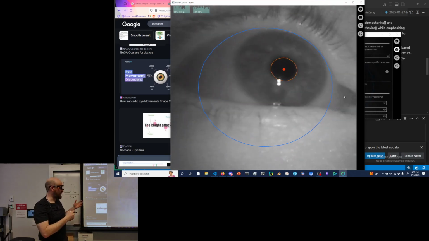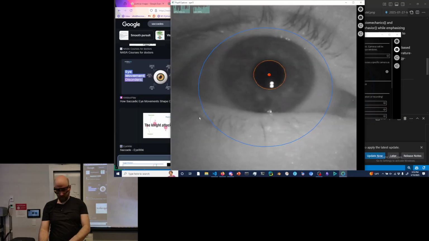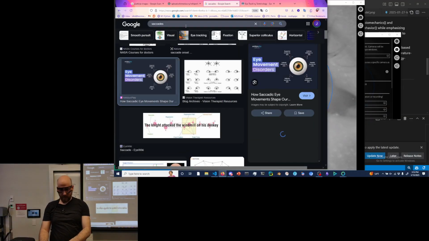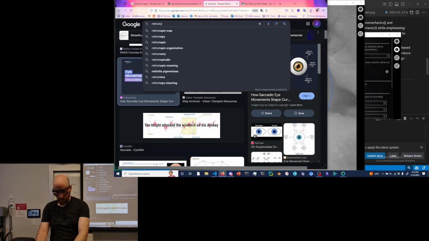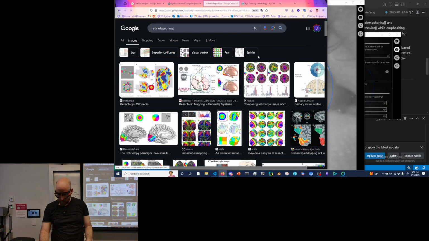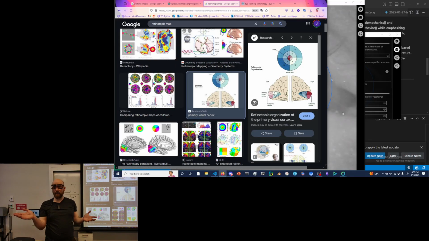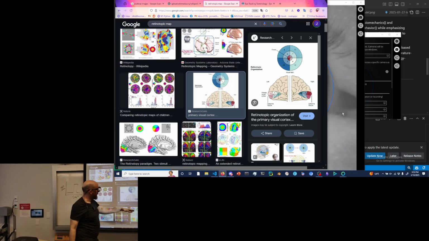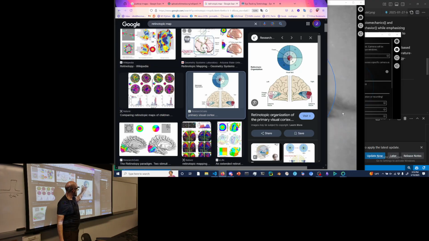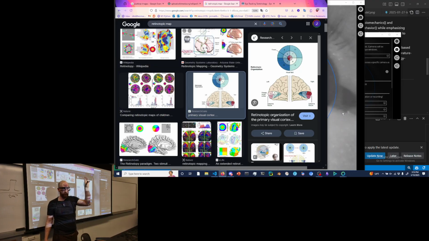A lot of that part of the brain is split up retinotopically, in a retinotopic map. Retinotopy: topy is map, retina is retina, so a retinotopic map is a map of your retina. And if this is your field of view, which is not actually a circle, the Wikipedia page about your peripheral vision has a lot of nice pictures of that.